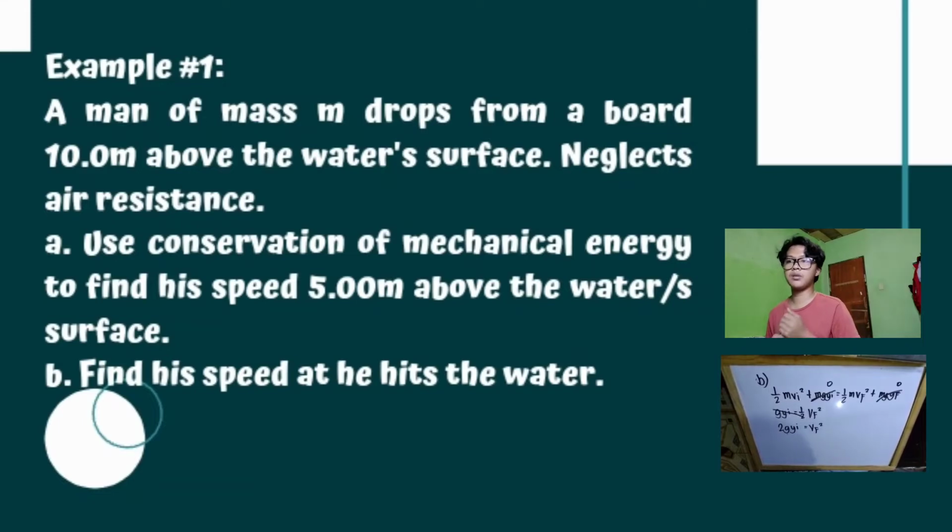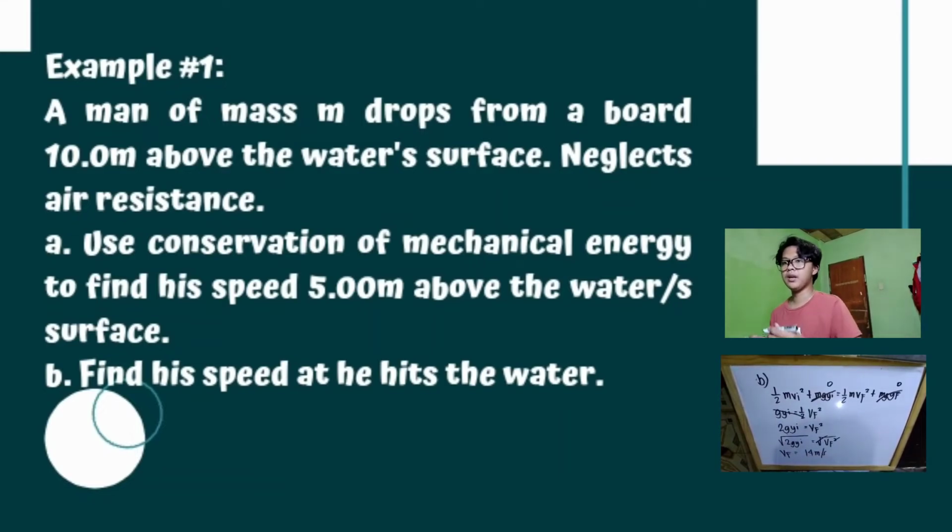We derived the equation to solve for the final velocity. So we have here 2 times the quantity of g y initial minus g y final equals one-half final velocity squared.